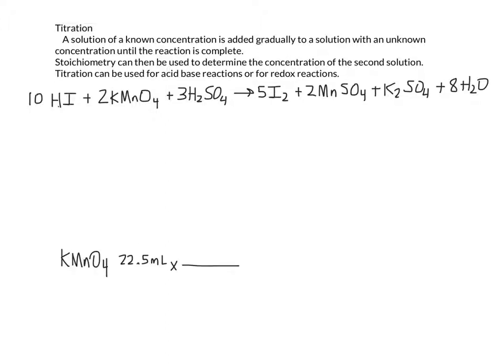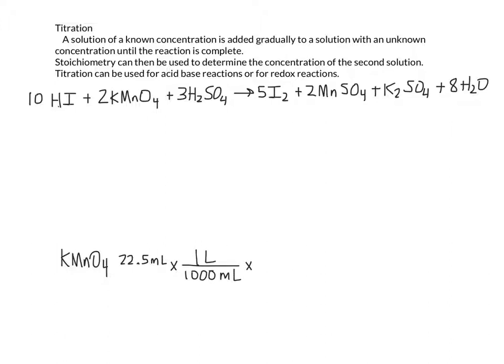So I was given the volume of potassium permanganate, the amount, and I'm also given the molarity. So I'm going to use molarity as a conversion factor to convert volume into moles so that I can use mole relationships in the BCA table. First, I've got to convert milliliters to liters, so there's 1,000 milliliters in a liter.